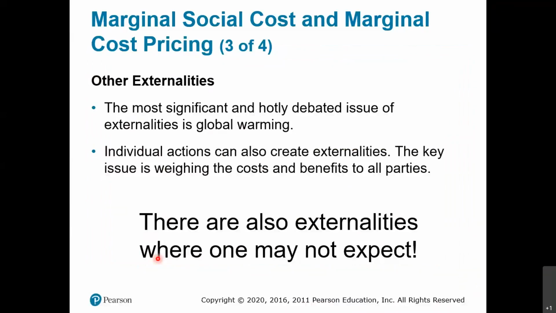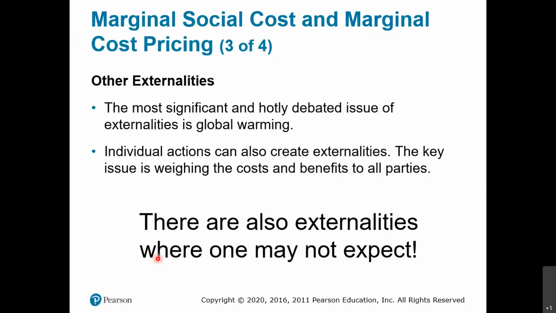Global warming is a hotly debated issue about externalities, and I'm not going to get into externalities of global warming. The key idea is that with the actions of buyers and sellers, there's a cost to it that the producers aren't paying.